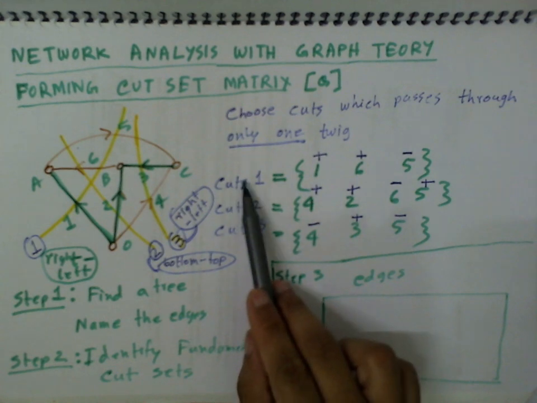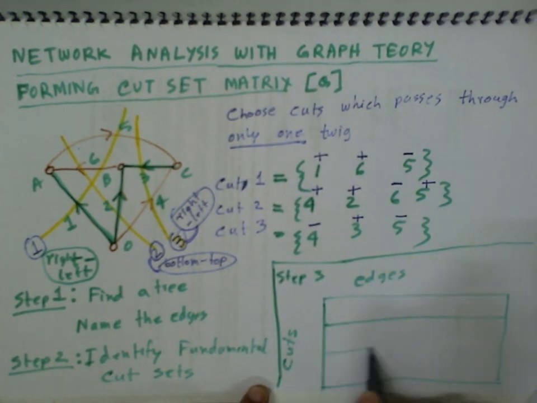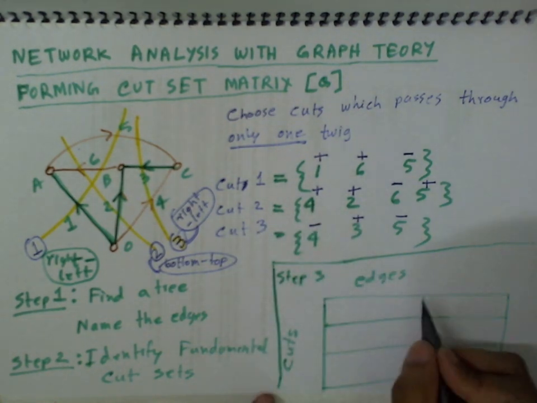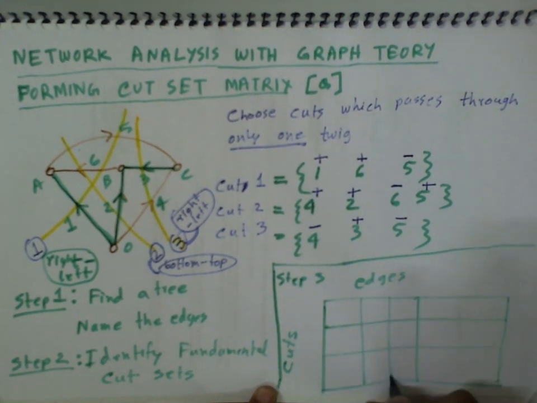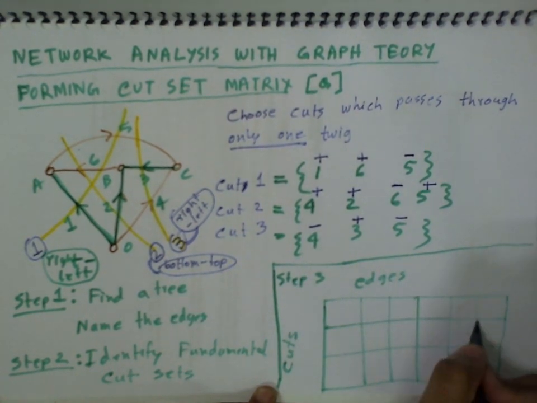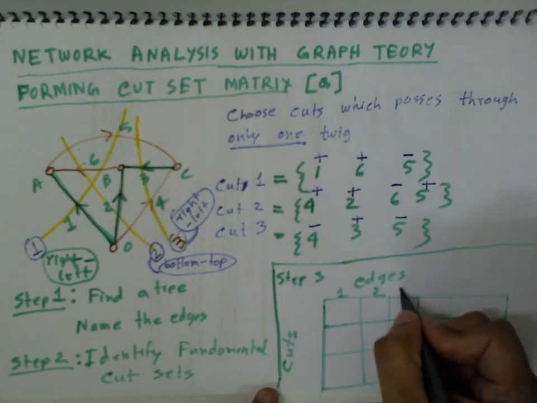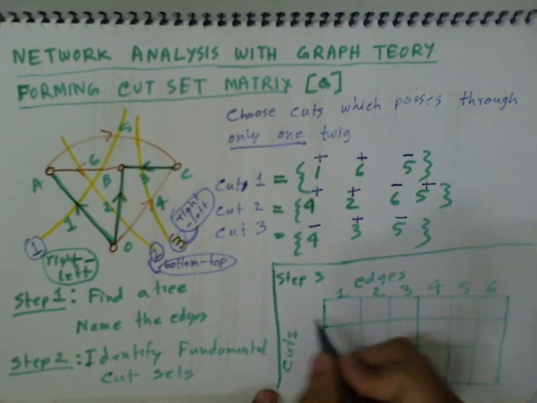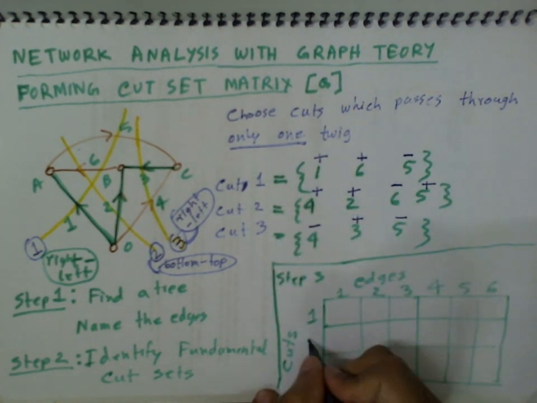There are 3 fundamental carts, so I take 3 rows, 1, 2, 3. There are 6 edges, so I need 6 columns, 1, 2, 3, 4, 5, 6, and carts, cart number 1, 2 and 3.